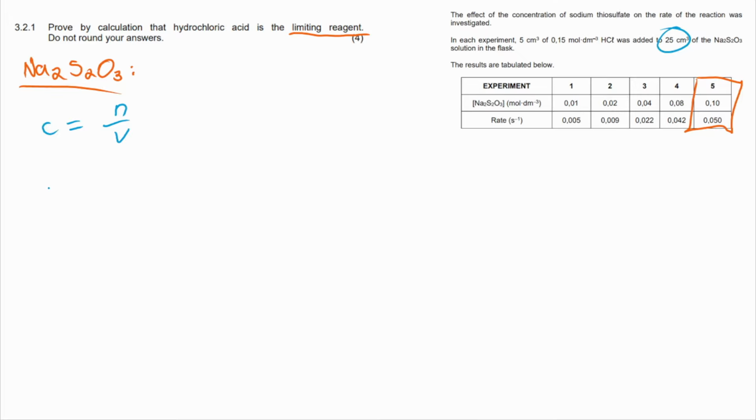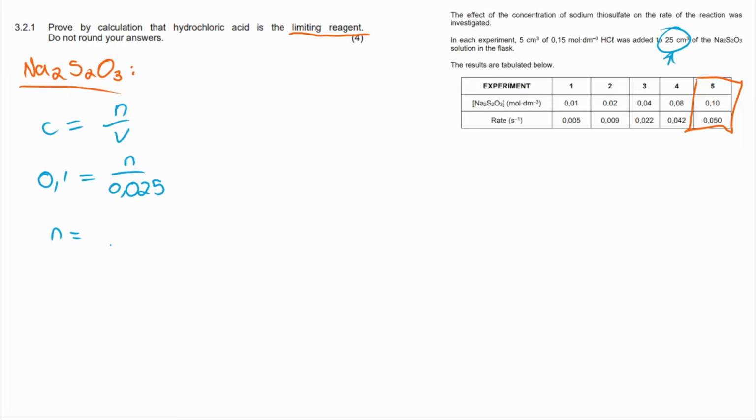We have to show substitutions here. So there we have the concentration of sodium thiosulfate. The number of moles is what we're trying to find, and the volume is this, and we have to divide by 1,000. When we solve for that, we get the number of moles, which is going to be quite a small number.